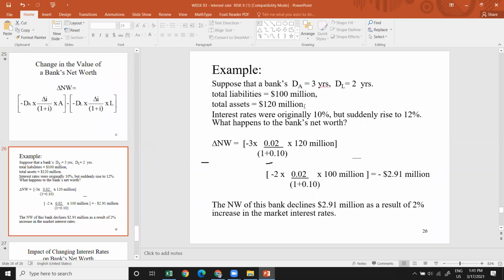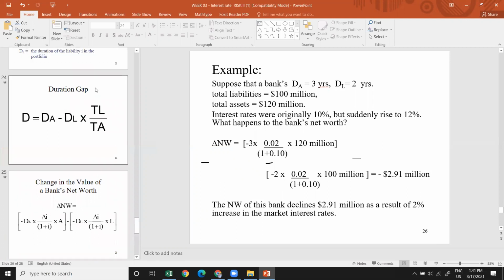Into this formula, like duration of assets and relative change in interest rate. The change in the interest rate is 2%, 10 minus 12, over 1 plus the original interest rate, multiplied by 120 million, and minus 2, the duration of liabilities, which you're estimating.